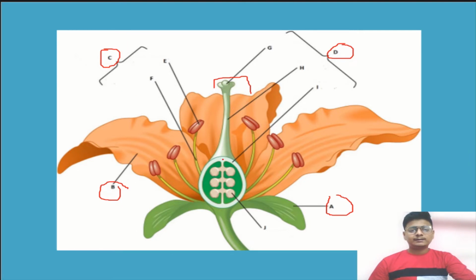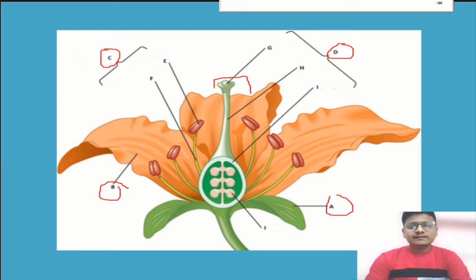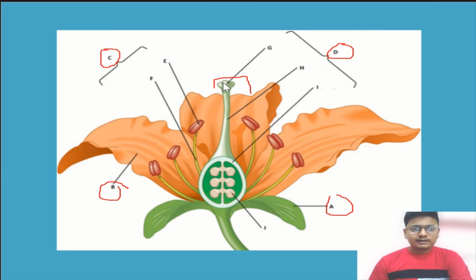So first reproductive part is the ovary, and the second one is the stamen. So see, there are different things. Let's see what they are. This is known as stigma.